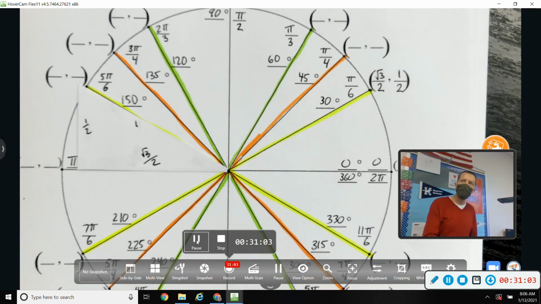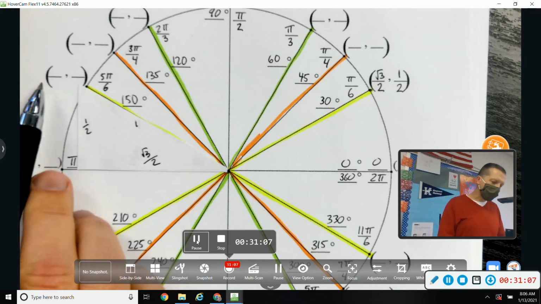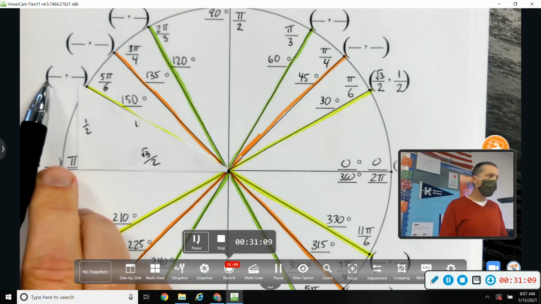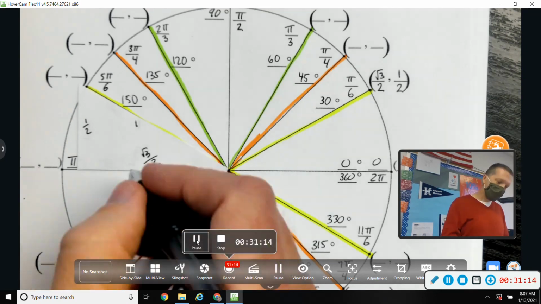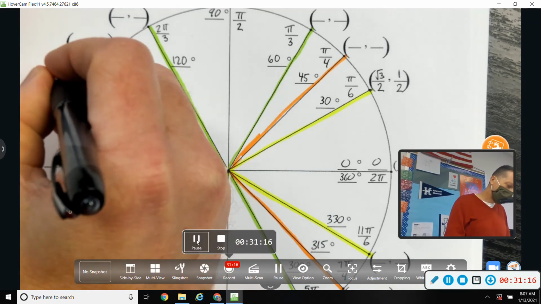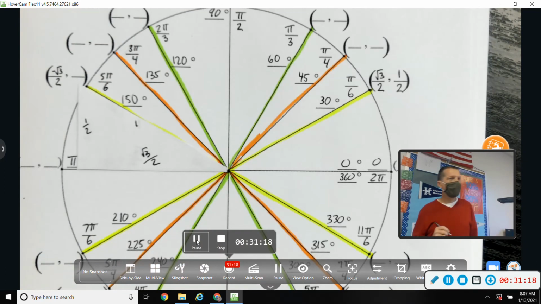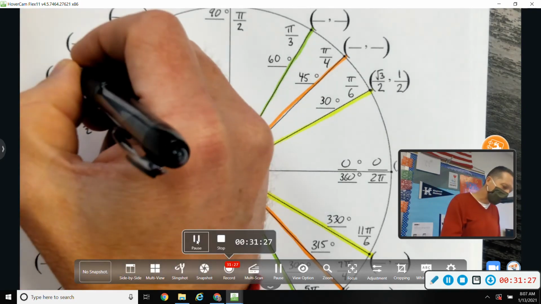Again, radius is 1, matches up. What about the x-coordinate for this one? It's negative, because we went backwards. Negative root 3 over 2. What about the y-coordinate? Positive 1/2, because it's up.